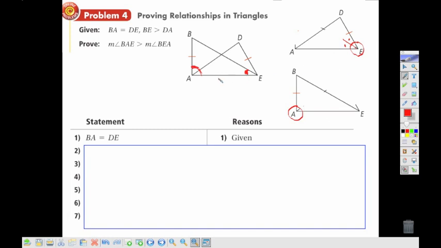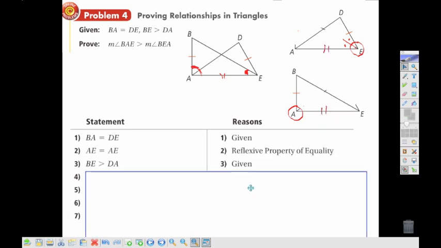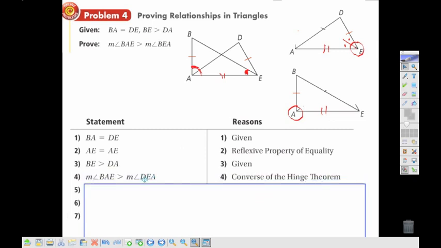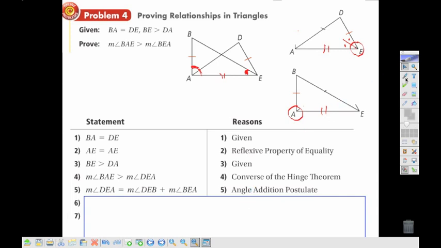But let's start now by looking at the comparison between A and E. To do that, we're going to have to recognize these overlapping parts, which is our reflexive property. Next, we are given also the relationship between the angles, and using the converse of the hinge theorem, we'll notice that BAE is greater than angle DEA. Now, the next thing we're going to do is look again at these parts that are making up angle DEA, because we're really concerned about this part.